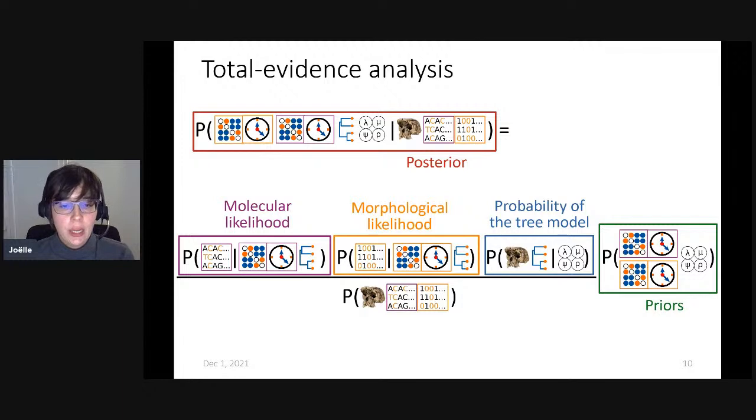And that gives us a likelihood calculation that's now split between the molecular likelihood and the morphological likelihood. But everything else stays the same, right? The FBD likelihood is calculated the same way. The priors, well, have the new models added into them, but they're not changed from that.